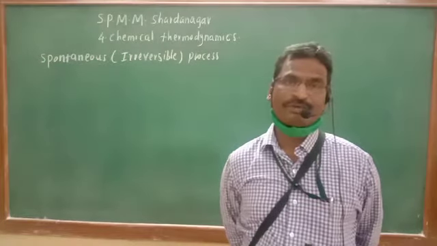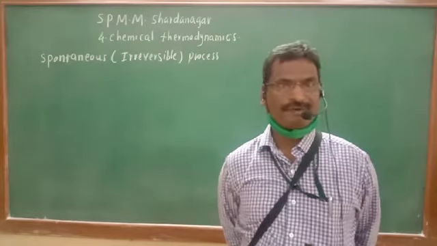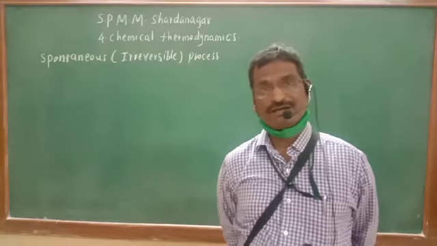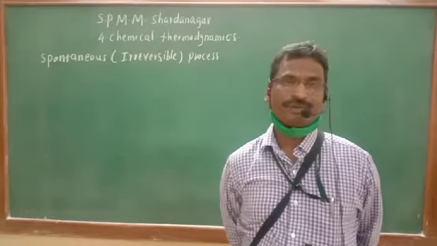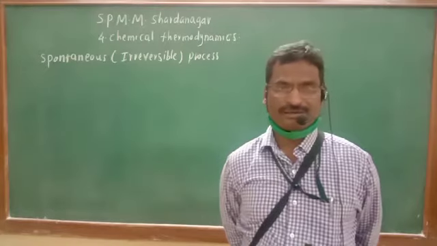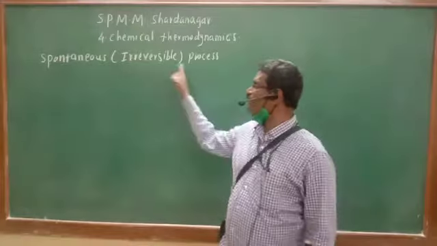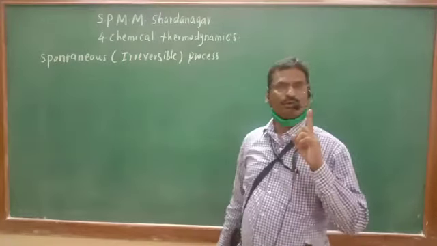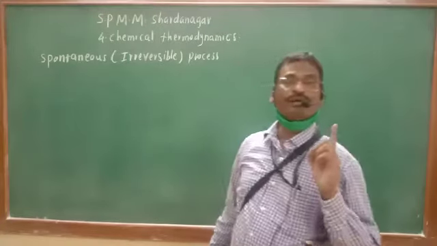The processes which are taking place naturally and which will not require the help or influence of external energy are known as spontaneous processes. These processes are taking place in only one direction.